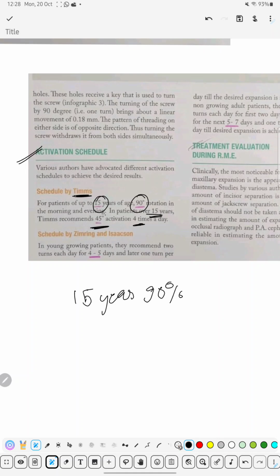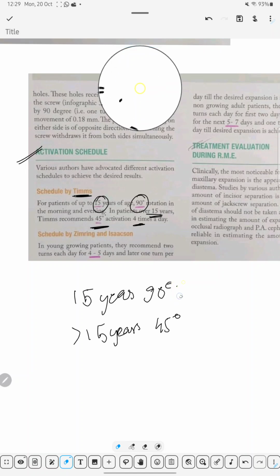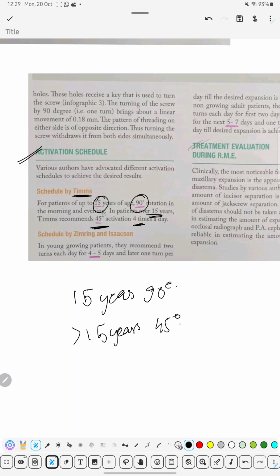So for patients up to 15 years of age, 90-degree rotation 2 times a day, morning and evening. For patients over 15 years of age, 45-degree rotation 4 times a day.